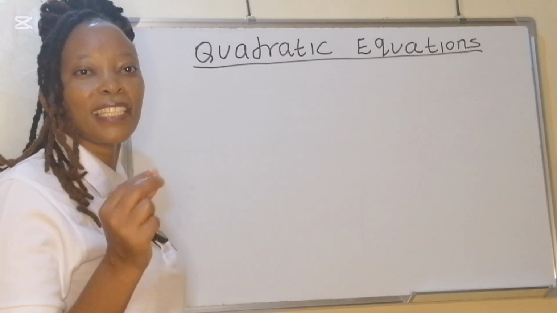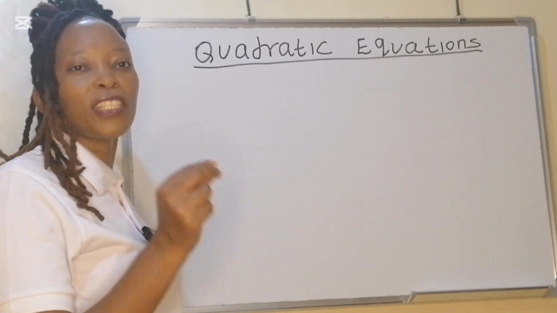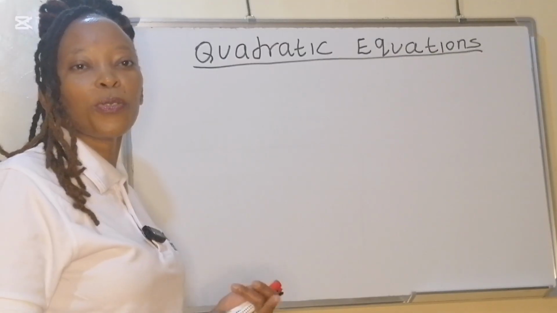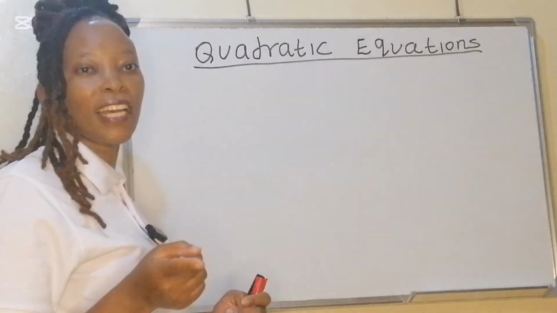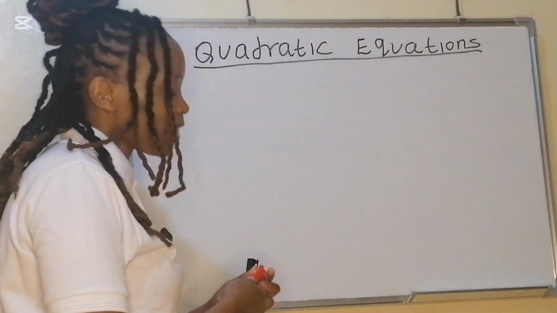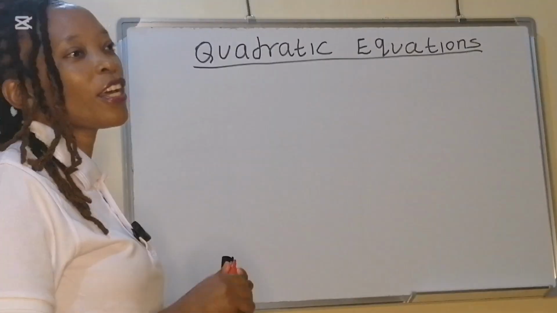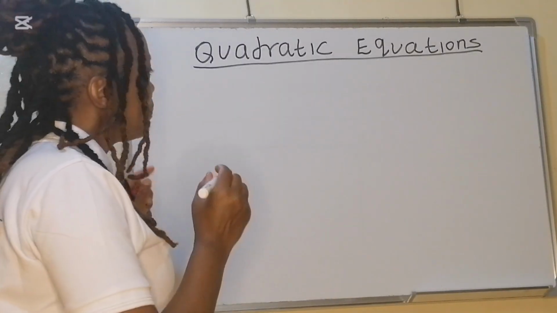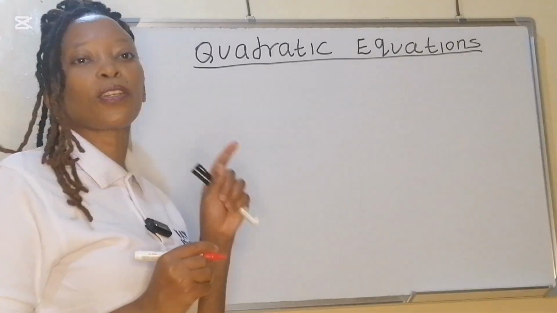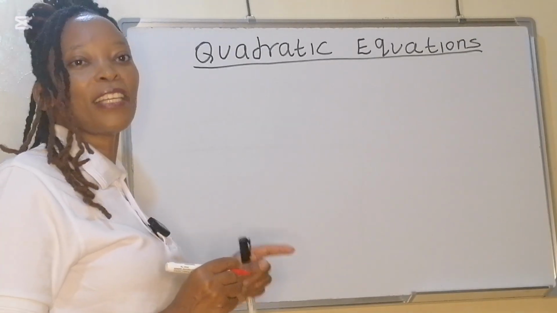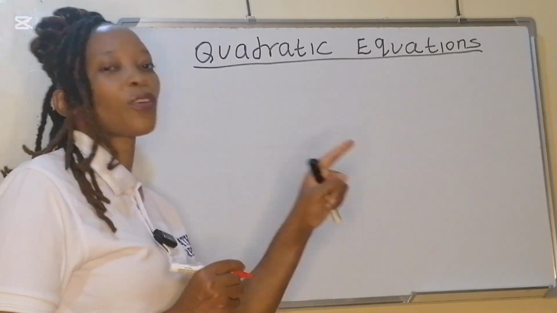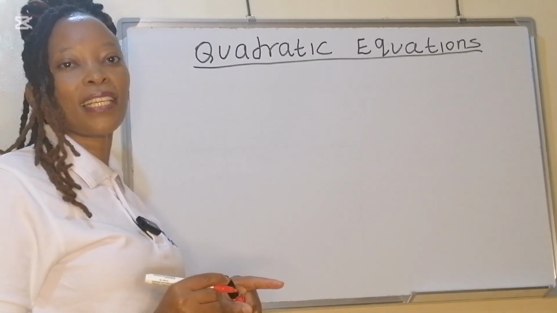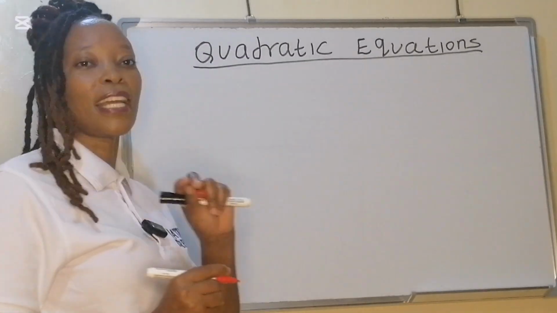What are these three identities that you need to know? Not only knowing them, you need to know how to use them, when to use them, and where to use them. If you want to solve quadratic equations correctly and pass your exam, you must know these three identities.